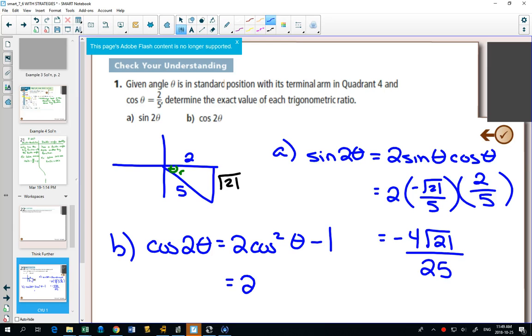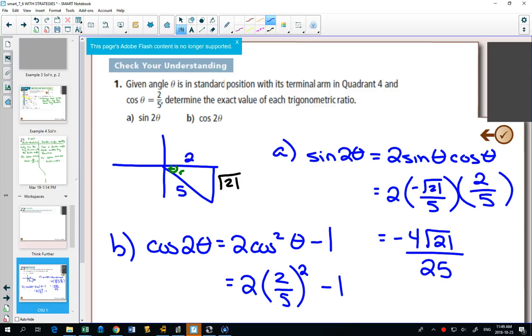Why? Well, I know what cos of theta is. Cos of theta is 2/5. So cos squared of theta will be 2/5 squared minus 1. The reason why this would be the best one is, did you have to do any solving to figure out cos of theta? No, it was given to you in the question.